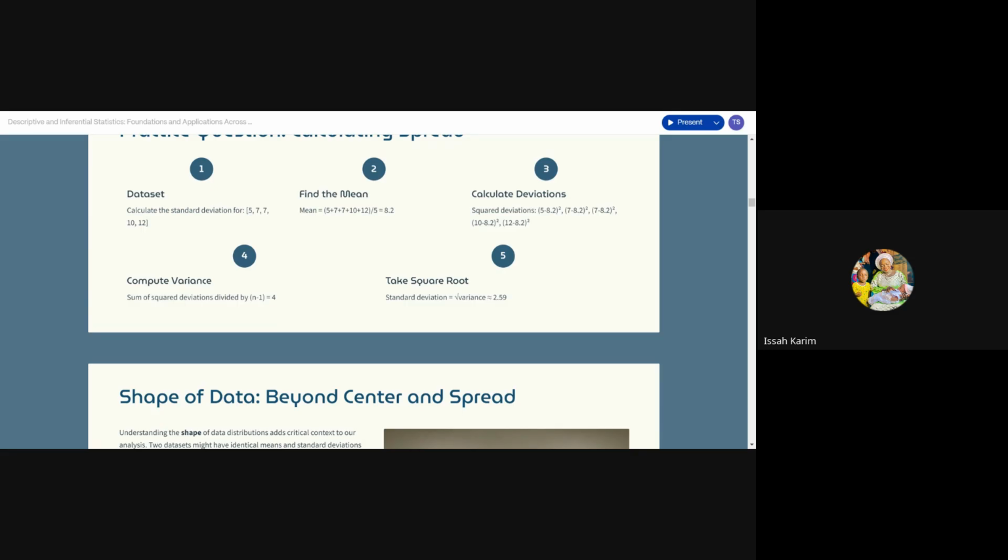With the sum of the squared deviations, I had 30.8. Then the variance, I had 6.16. Then heading towards the standard deviation itself, I had 2.77.